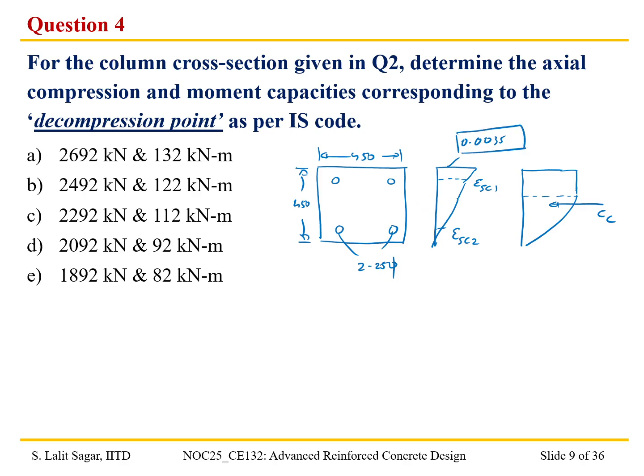From this we need to determine the strain in the compressive steel. From similar triangles, epsilon SC1 is equal to 390 divided by 450 into 0.0035, and epsilon SC2 is 60 divided by 450 multiplied by 0.0035.